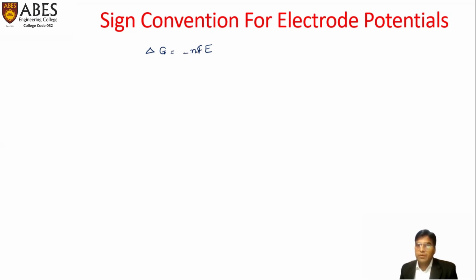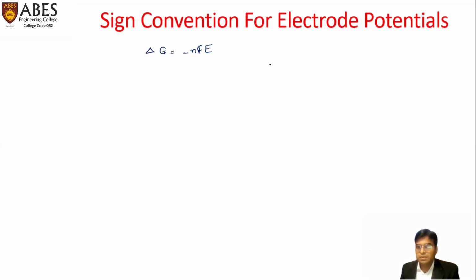N represents the number of electrons associated with the chemical change. F is the Faraday constant and its value is 96,500 coulomb, and E is the potential of the cell.